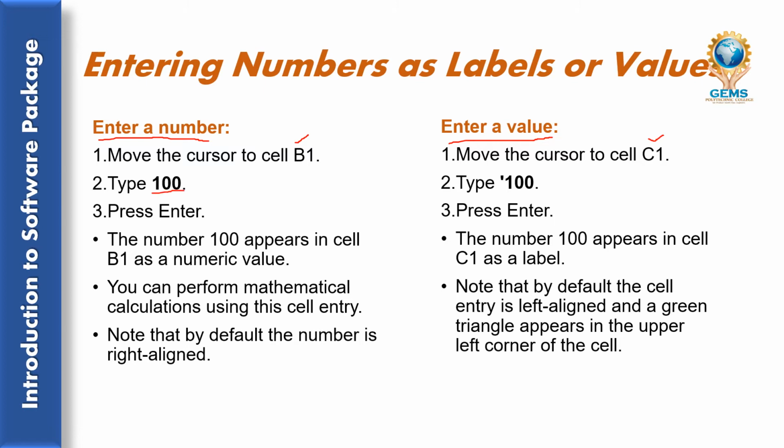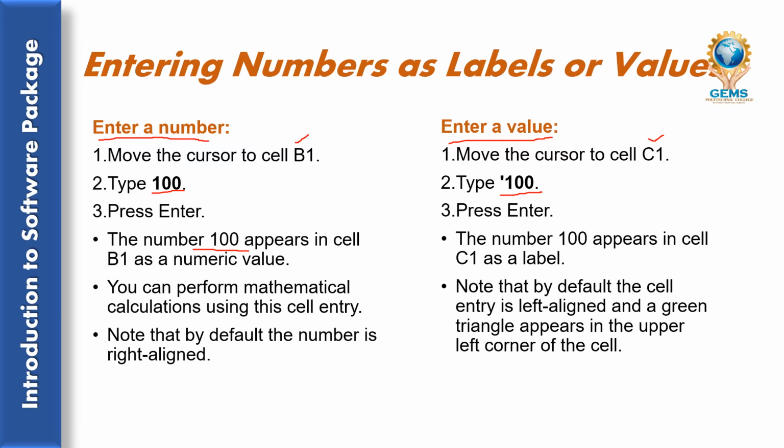That's a normal number. If you want to enter a label, type a single quote, and after that you can type 100. Then press Enter. The number 100 appears in cell B1 as a numeric value. Here the number 100 appears in cell C1 as a label.